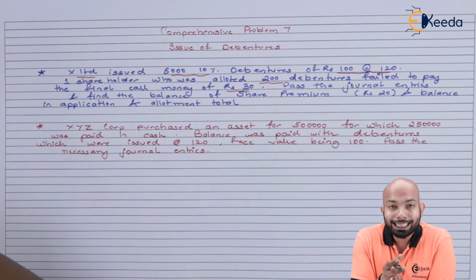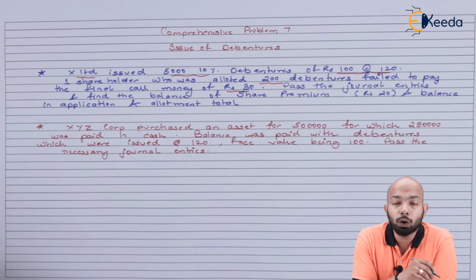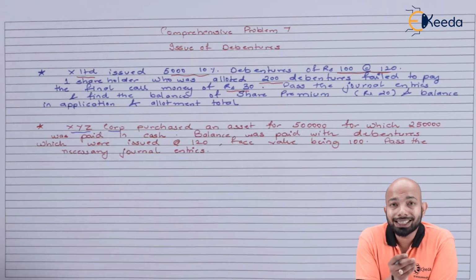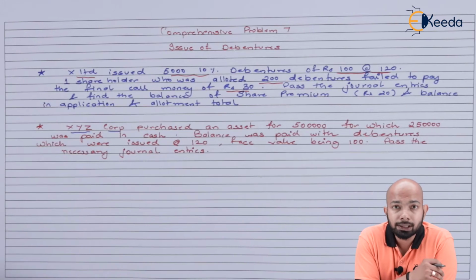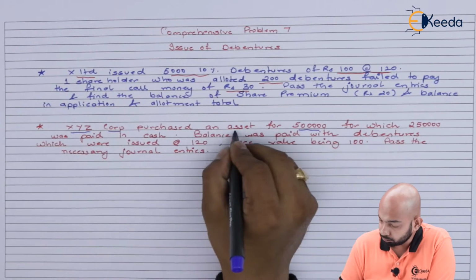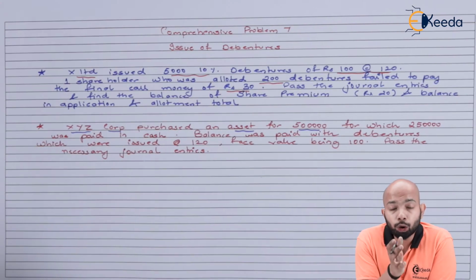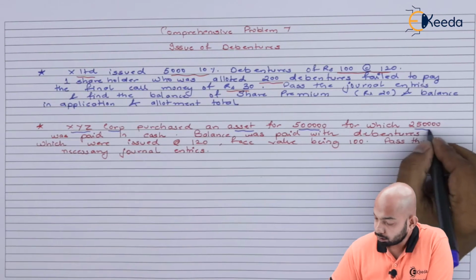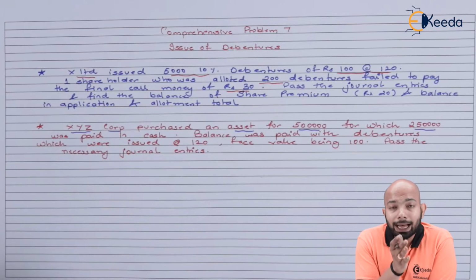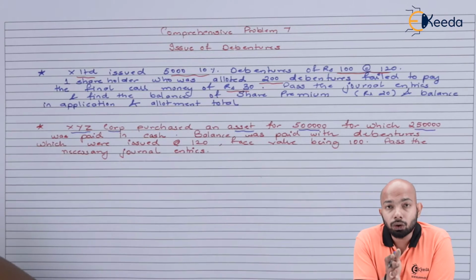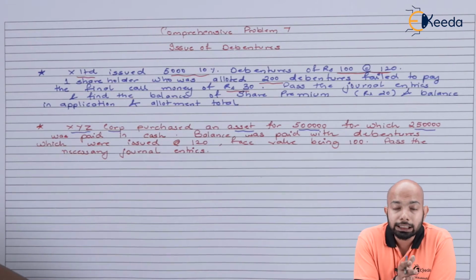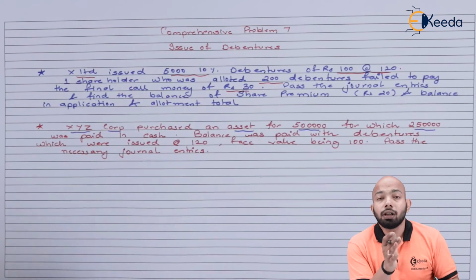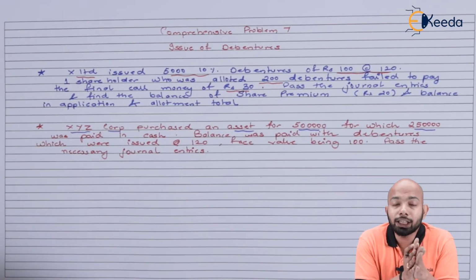Now, the second case refers to XYZ Corporation Limited, who purchased an asset for 5 lakh rupees, for which 2,50,000 was already paid in cash. The balance was paid out of 120 debentures, or rather, the per debenture cost was 120.